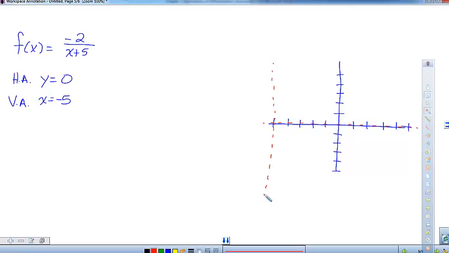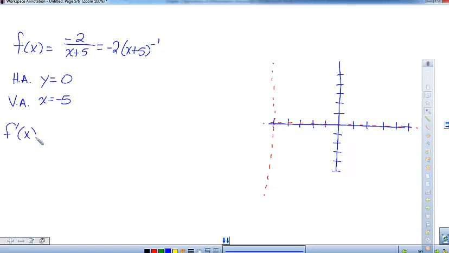The next thing then is to go ahead and try to figure out where this function is increasing and decreasing. So I'm going to find that out. We got to find the first derivative. That's where the function is increasing and decreasing. So f of x, of course, is equal to negative 2 times x plus 5 to the negative 1.